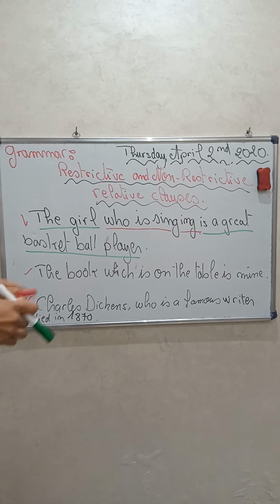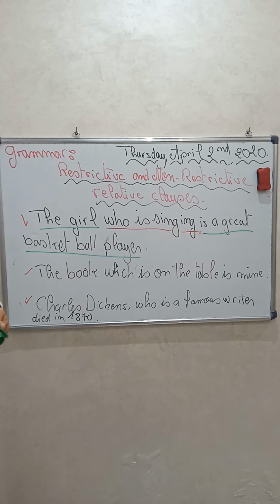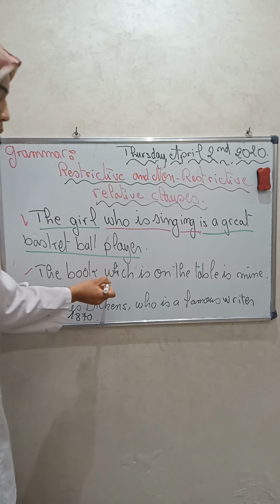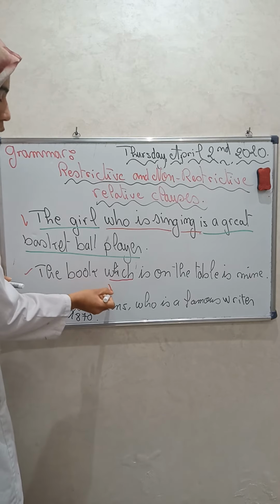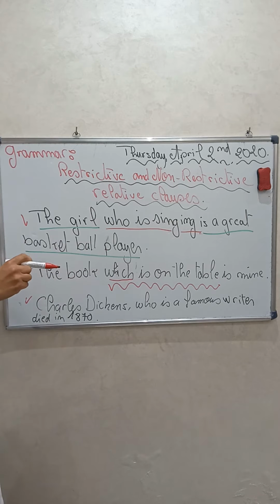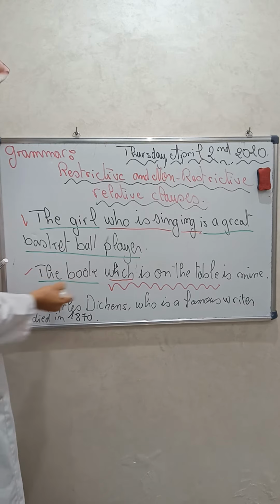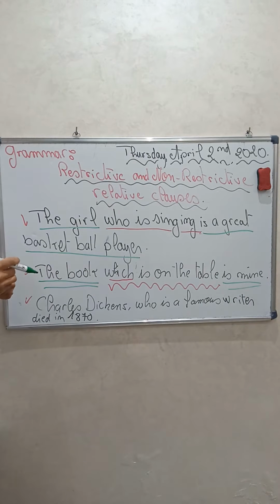Second one, the book which is on the table is mine. Relative pronoun, which. Relative clause, which is on the table. What is left is the main clause. The book is mine.